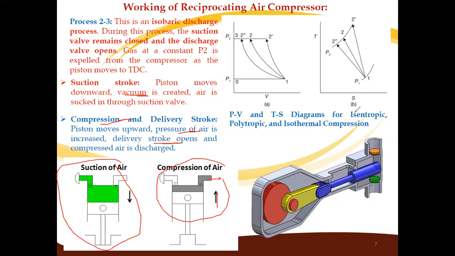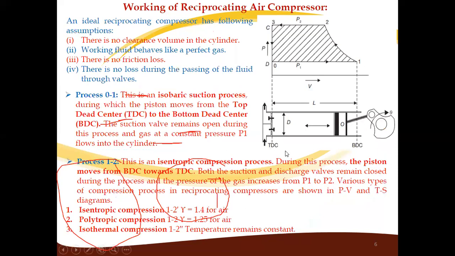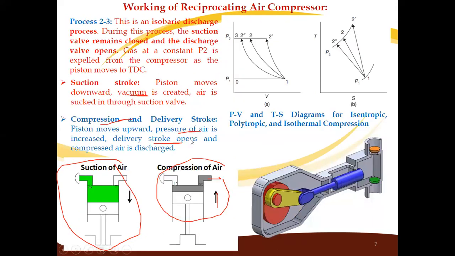So in isentropic, this process, we'll see. The isentropic process is denoted by 1 to 2 dash. 1 to 2 is the polytropic process. 1 to 2 dash will be the isentropic process. 1 to 2 is the polytropic process, and 1 to 2 double dash is the isothermal process.